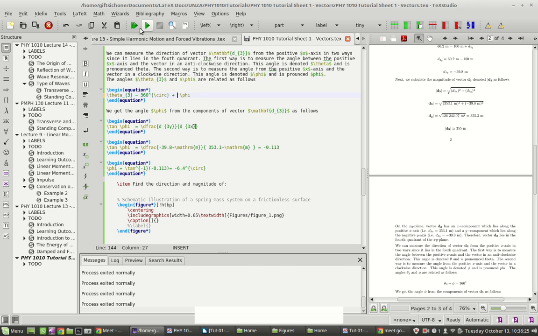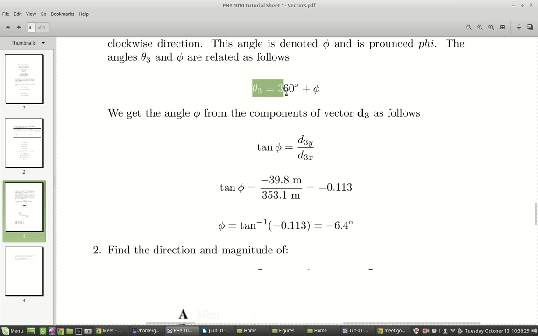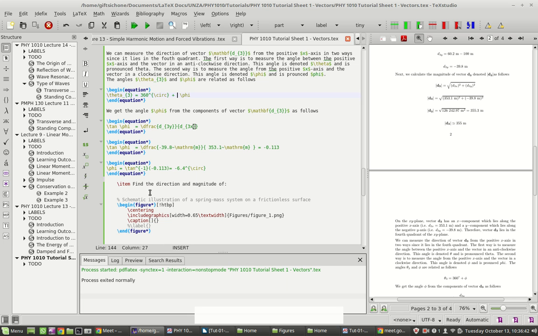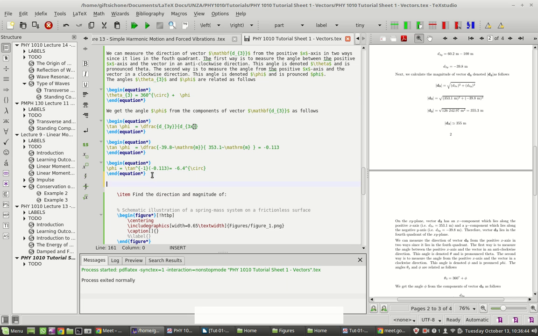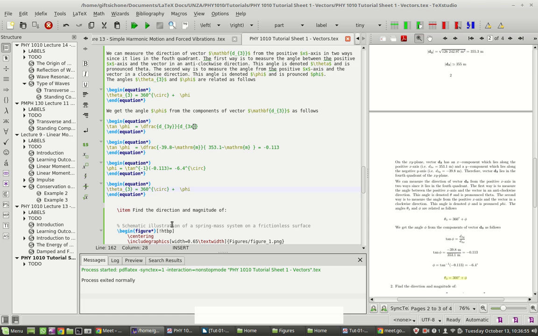Since our angle is negative, we add it to 360 degrees, then it will reduce like that. So we end up having this down there.